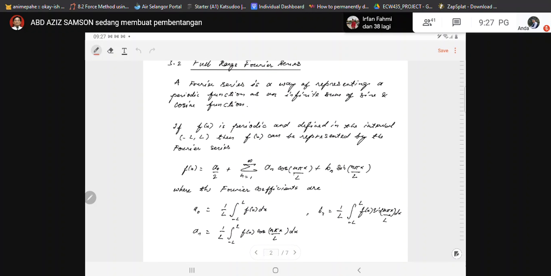That means there is a repetition of a function. That means we can recognize one cycle, just like the cycles of day and night. Day and night is considered as one cycle, a routine cycle. Another cycle is 1 week.